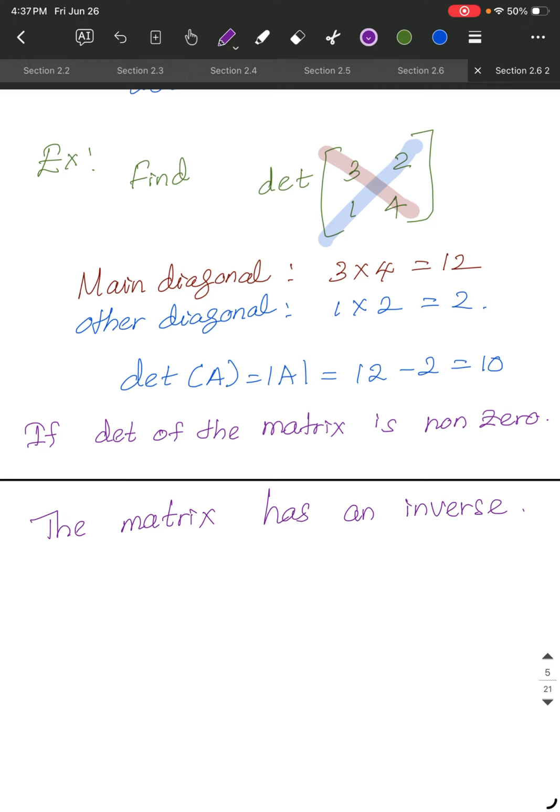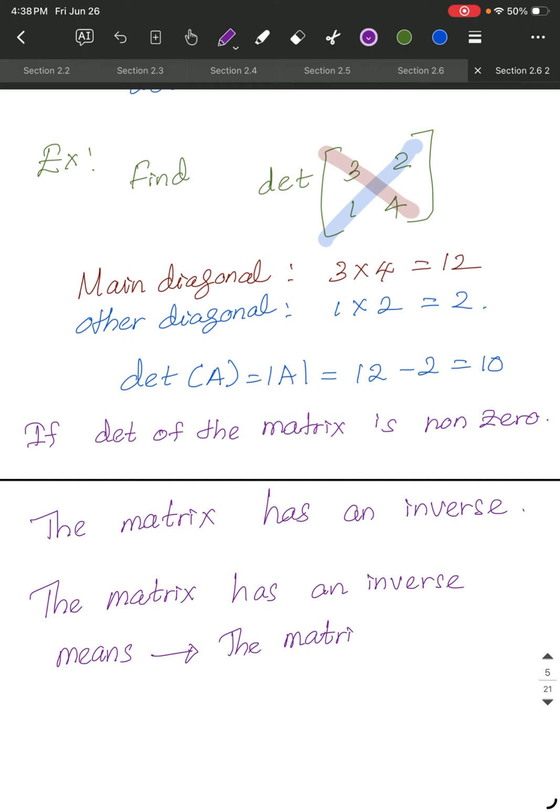Having an inverse means the matrix is invertible.